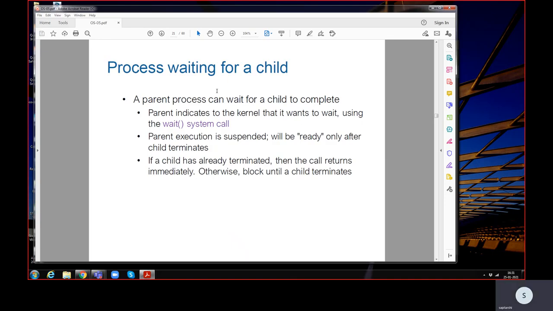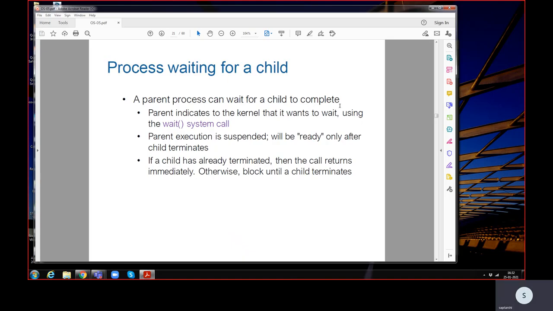Now, suppose the parent has created a child. So the child can do exactly the same as what the parent is doing. The code can be the same, or we have discussed two different ways by which a child can do something different. The child can exec, etc. But let's say that the parent wants to wait for a child to complete.